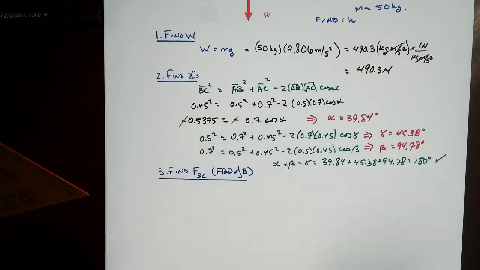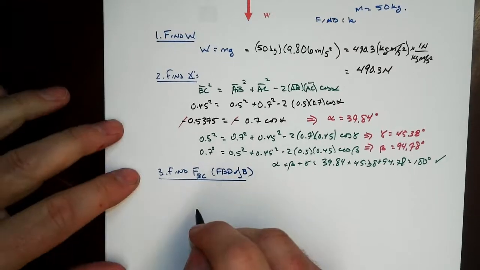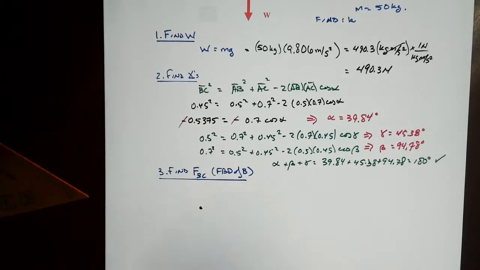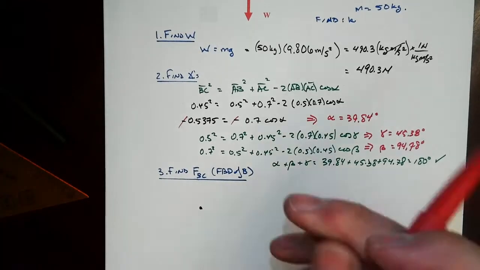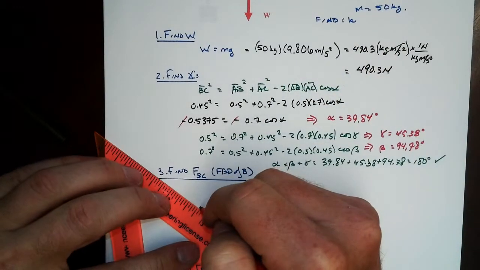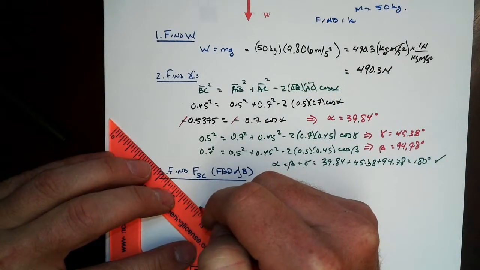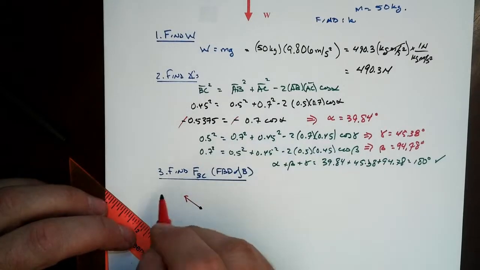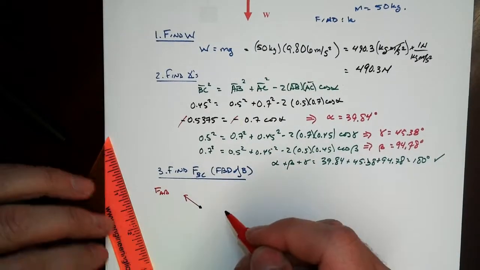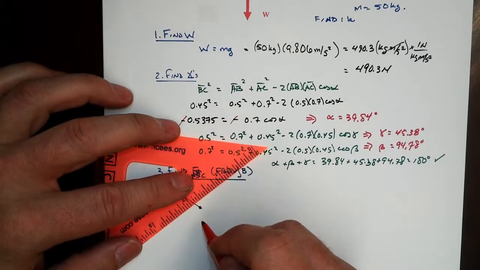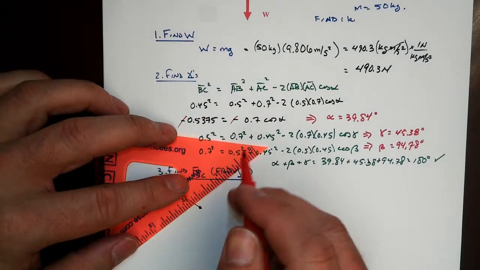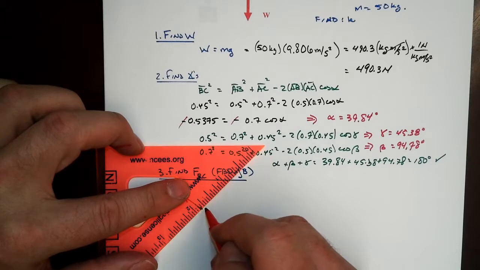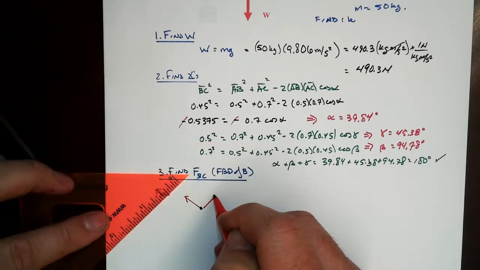So now we've got our little concurrent force system that's going to form. There's B, and we're going to have the force in AB. Alpha is 39.84, so slightly less than 45 degrees. There's FAB, and then gamma is just barely more than 45 degrees, turns out.